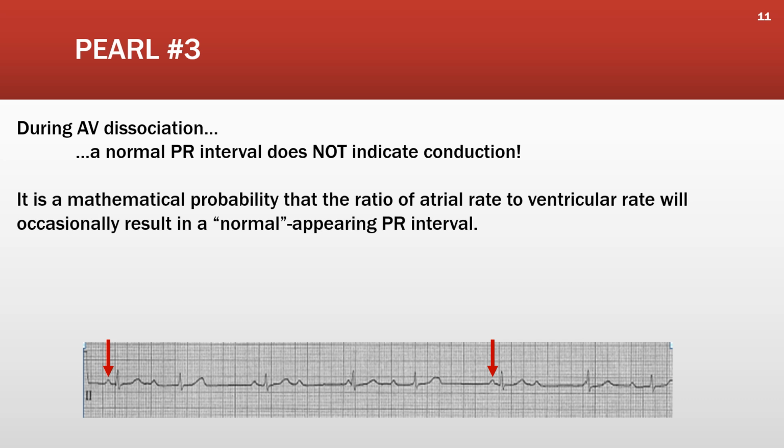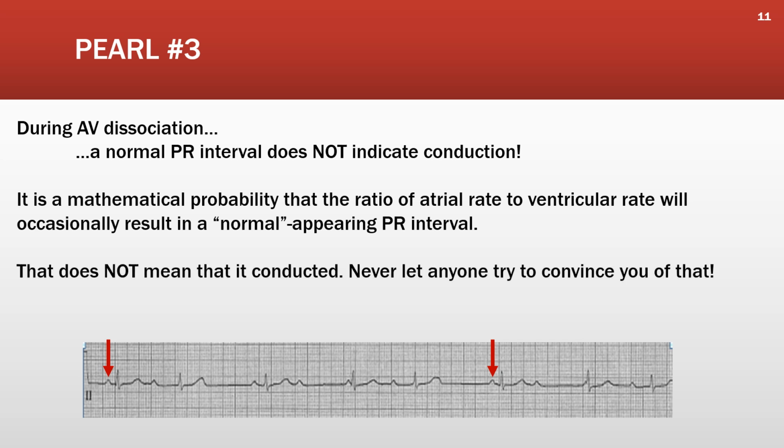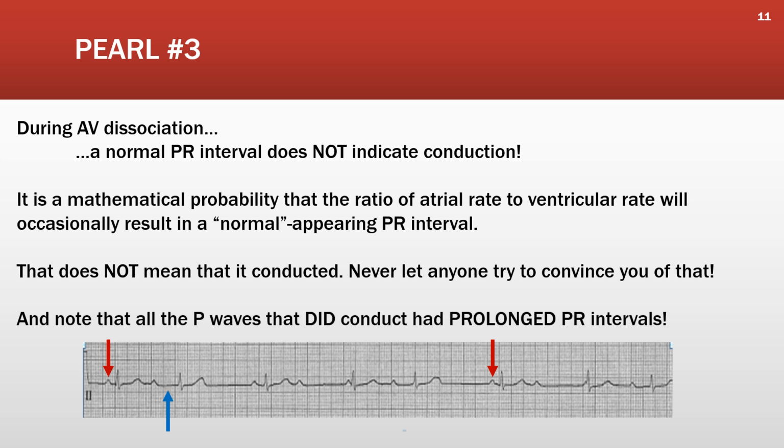It's a mathematical probability that the ratio of atrial rate to ventricular rate will occasionally result in a normal appearing PR interval. It's coincidence. That does not mean that it conducted. Never let anyone try to convince you of that. And note that all the P waves that did conduct had prolonged PR intervals.